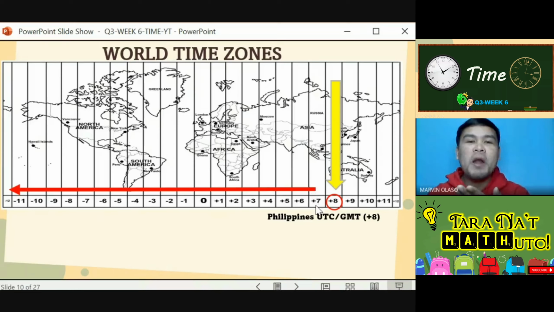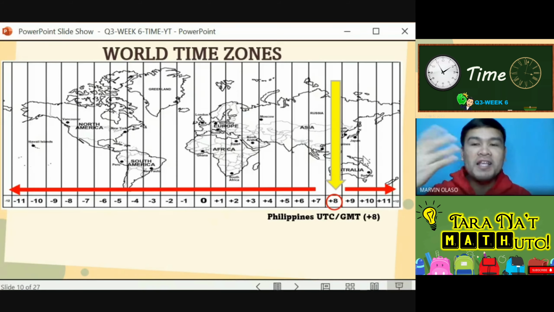While simula naman sa positive 9 up to positive 12, these are the countries that are ahead of us, which means we are behind them. Kumbaga, mas advanced ang oras nila kaysa sa atin. So, konti lang naman yan. Pero mostly, we are advanced among other countries in the world.